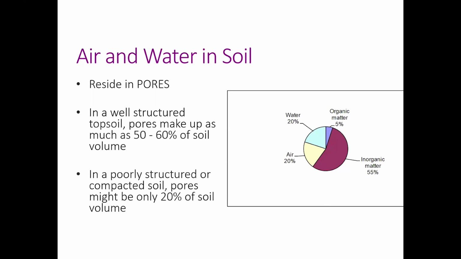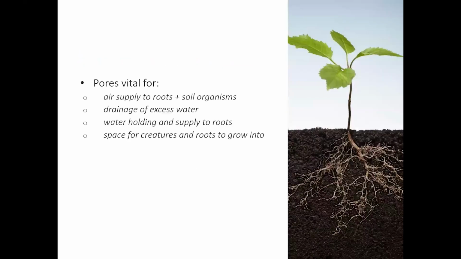In a poorly structured, dense, compacted soil, however, the pores might only be about 20% of soil volume. And when that happens, you will have problems. You'll get more flooding, and roots will not be so able to move through the soil.